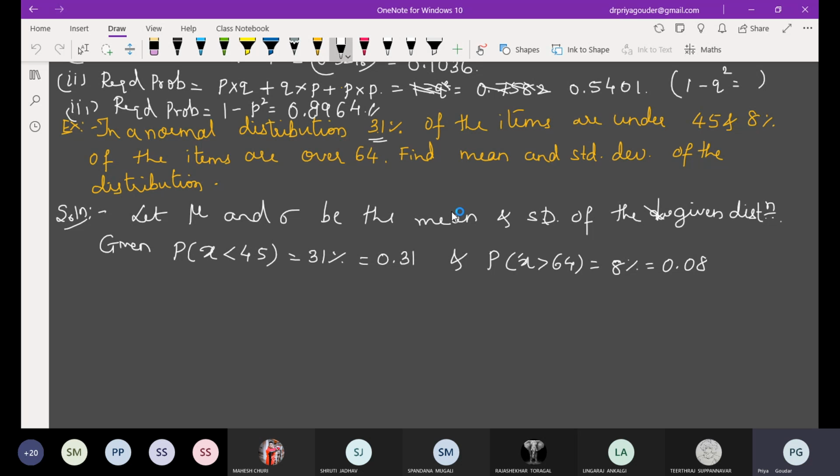Now with the help of these two conditions, we have to find two unknowns, mu and sigma. Now here, these are the values for the normal variate X. Let us find the standard normal variate. Standard normal variate Z is given by what expression?